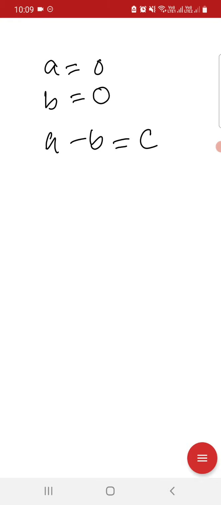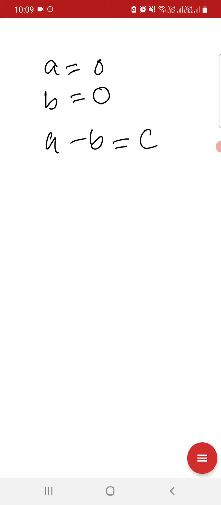The rules are given in a table in the binary subtraction section of your book, and we need to follow this rule. Suppose a equals 0 and b equals 0, and a minus b equals c.